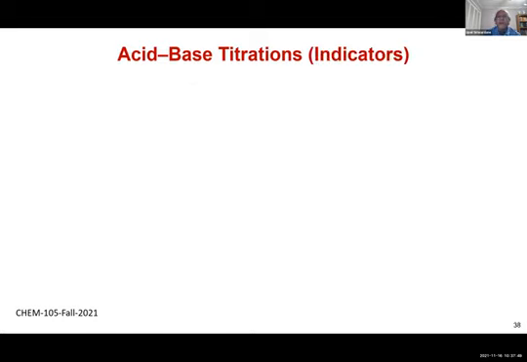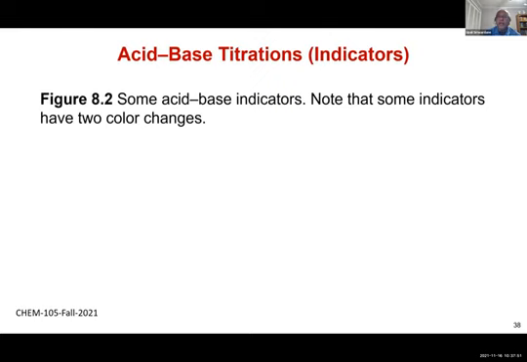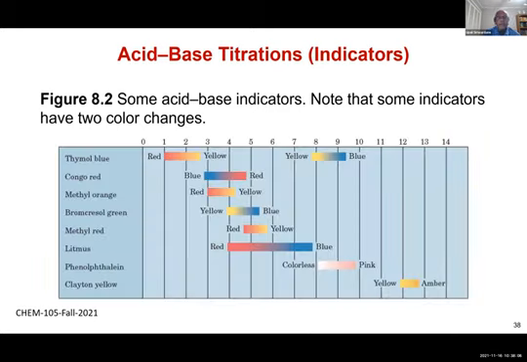The indicators are used to identify the equivalence point. Some indicators change color based on pH changes. If you look at this chart, thymol blue, the first one, changes color from pH 1 to 2.7.